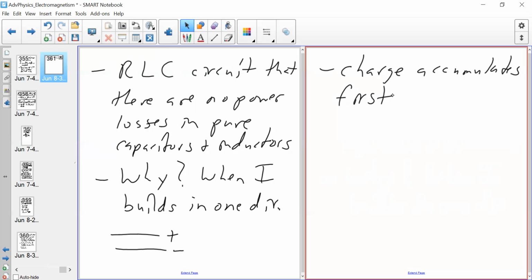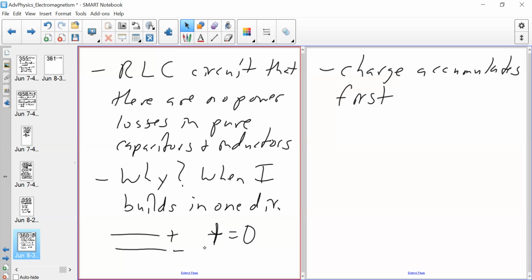But as the capacitor is charging up, that's basically building up current, before the voltage or that potential difference takes place. So basically, at t equals 0, we have maximum charge, and then after that we can have our potential difference. So the current is basically leading the voltage.